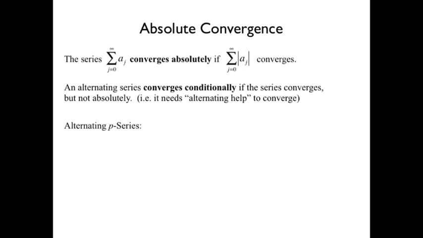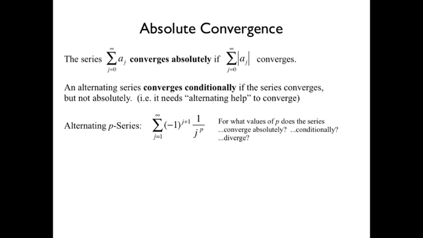So alternating p-series have this form. For what values of p will these converge absolutely, conditionally, or diverge? Maybe it will help to look at a couple of examples.